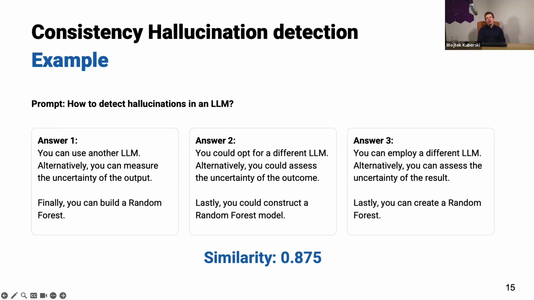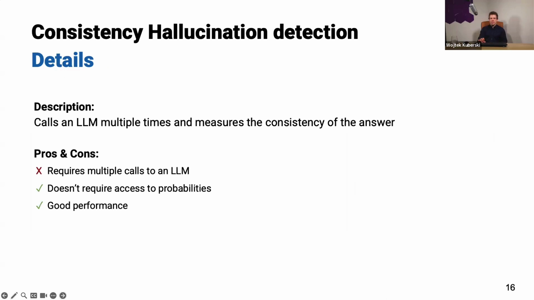And then intuitively, if the answers are very different, so the LLM is very fragile in terms of how it gives the answers, if we just change the random seed and the answer is completely different, then it's quite likely that the LLM doesn't actually know the answer to the prompt, and instead is just hallucinating, coming up with some kind of random answer. And if the answers are very consistent, let's say it always gives the exact same answer, at least from the meaning perspective, then we can say that the answer is very likely to be correct. That's the intuition behind the idea.